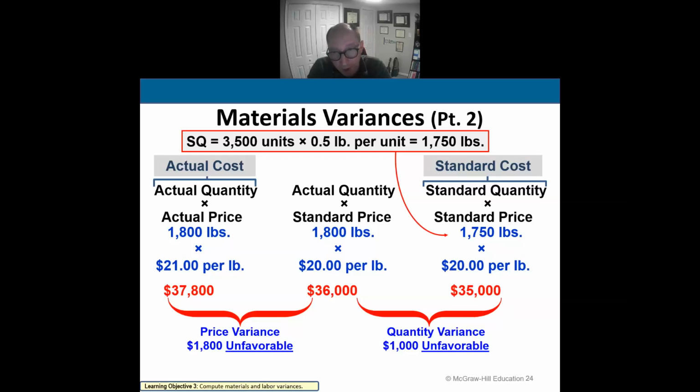And I can find the quantity variance. Actual quantity, standard quantity. I take my variance, 36,000, minus my standard, 35,000. Gives me a quantity variance of $1,000. And again, that's unfavorable because the actual came in greater than the standard. Make sense?